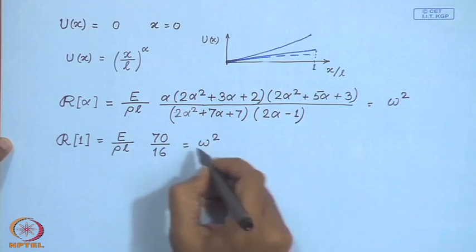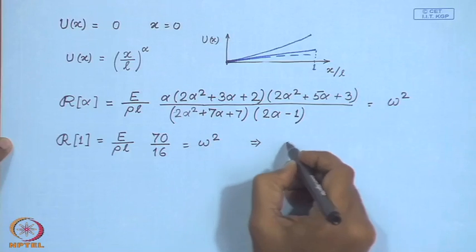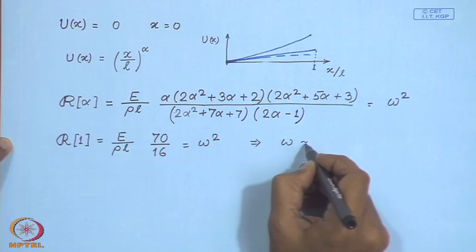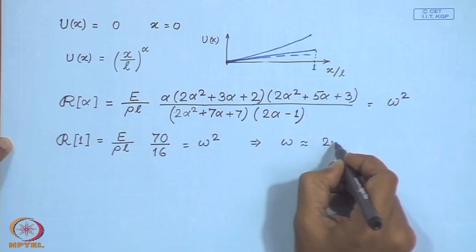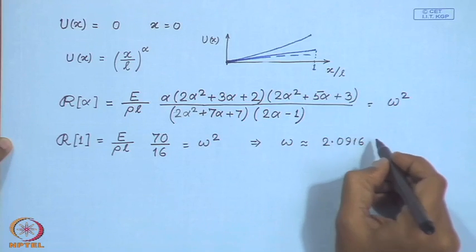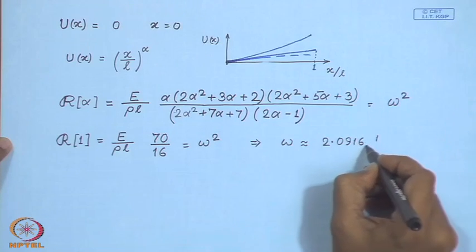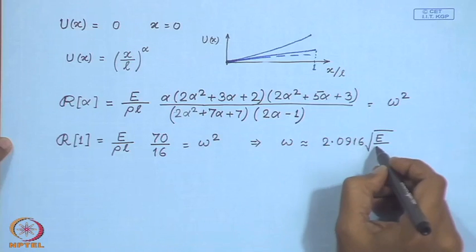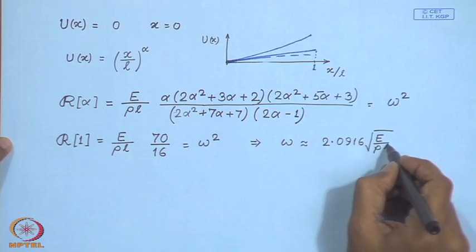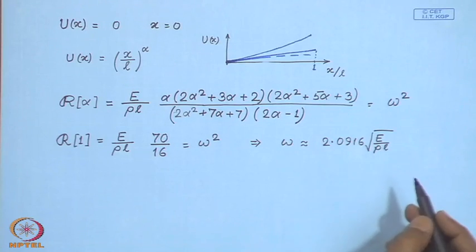So, this is an estimate of omega, really the fundamental circular frequency, and this turns out to be 1.